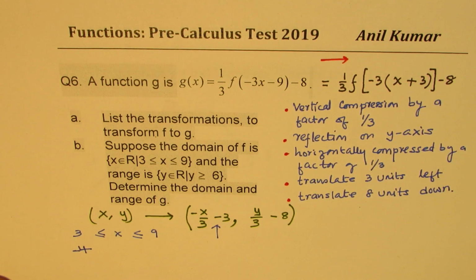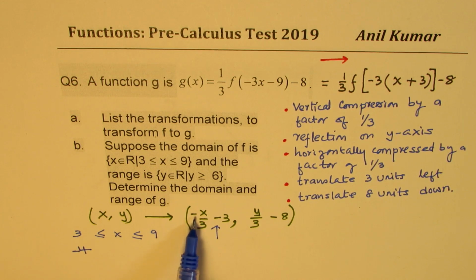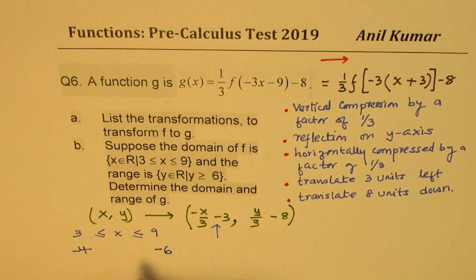Is that clear to you, right? On the other hand, when we have 9 here, when I divide 9 by negative 3, it becomes negative 3. And negative 3 minus 3 is negative 6. So x value is in between negative 4 and negative 6.